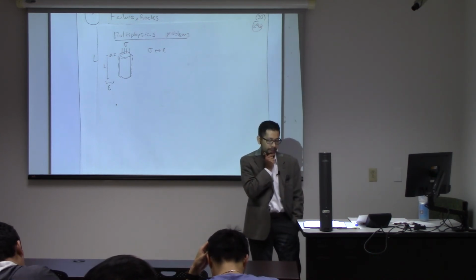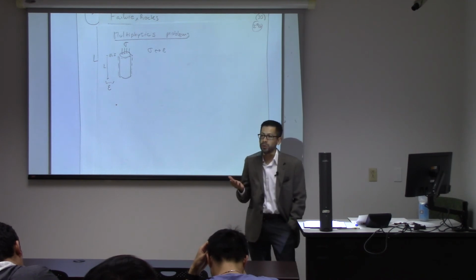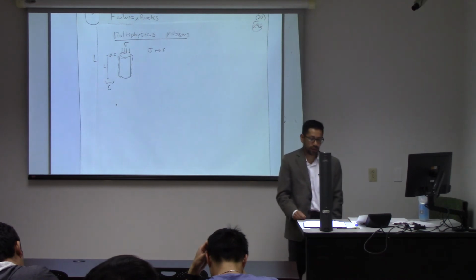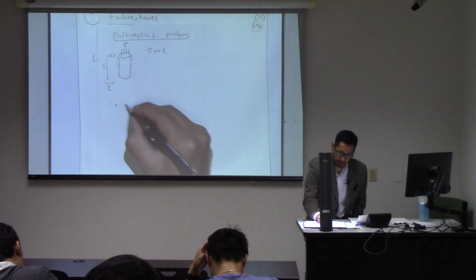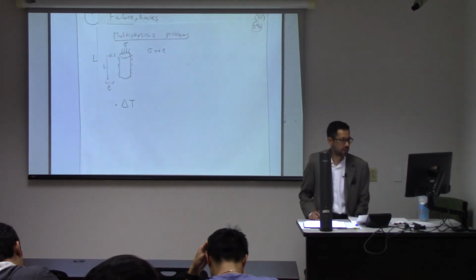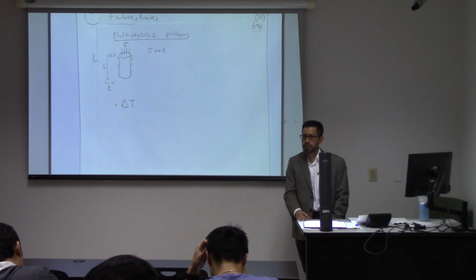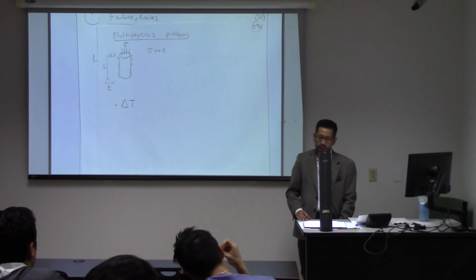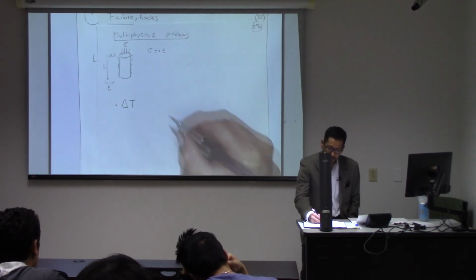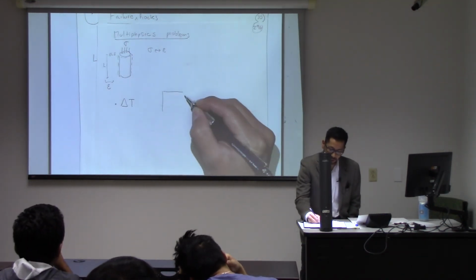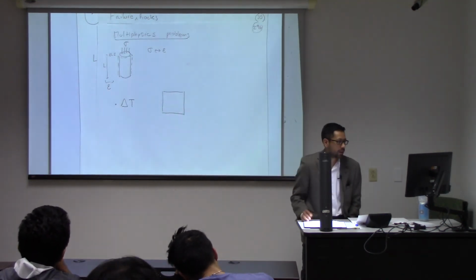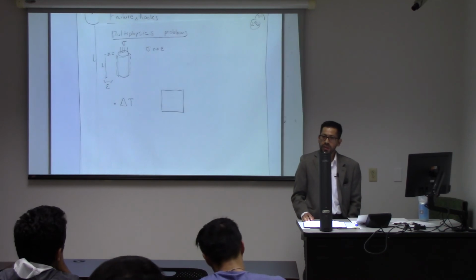But what happens with temperature? What happens if you get a solid and you subject it to a change in temperature? Let's say that I have a solid over here and I increase the temperature by 100 degrees.